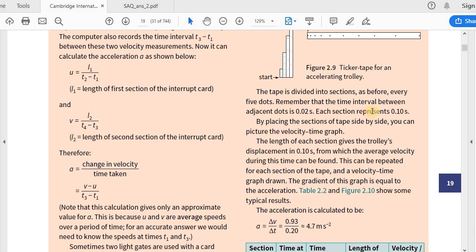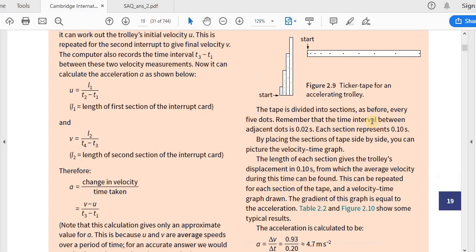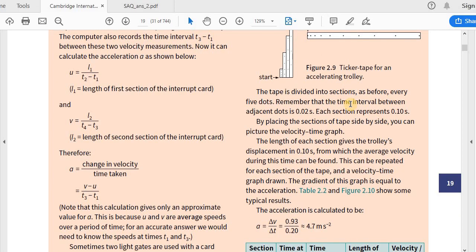Each section represents 0.10 seconds. So if you cut it every 5 dots, there are 5 gaps of 0.02 seconds between them.